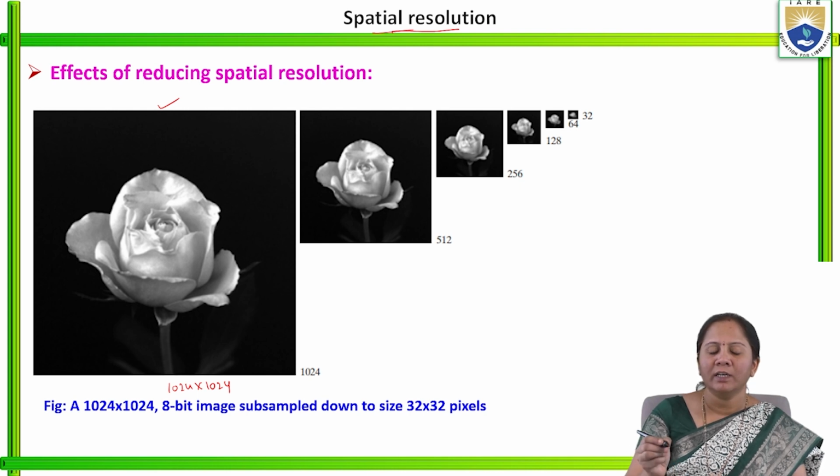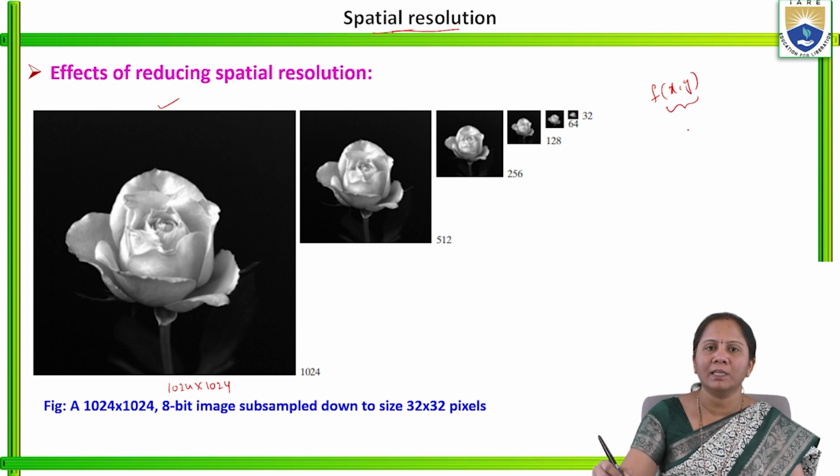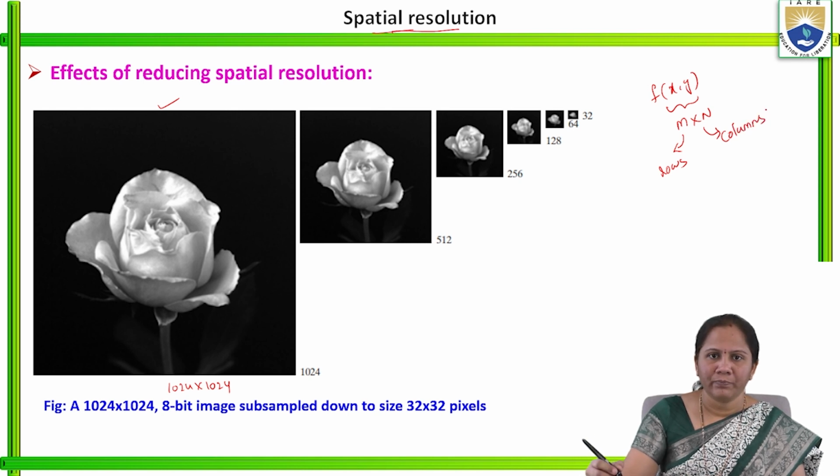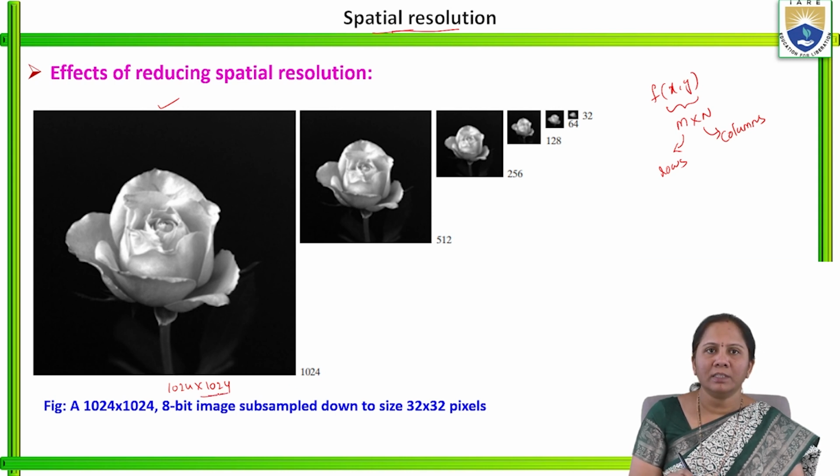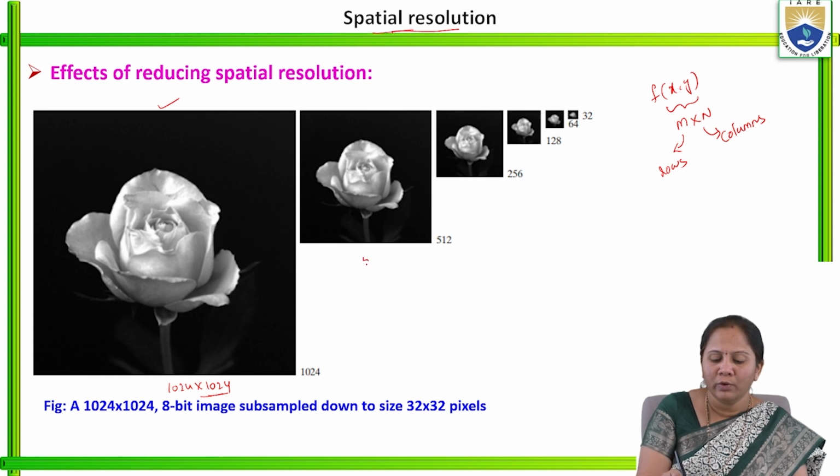If you change the values of x and y, which represent the number of rows and the number of columns, that means changing the number of rows and the number of columns. Now, this 1024 by 1024 image is made into 512 by 512.